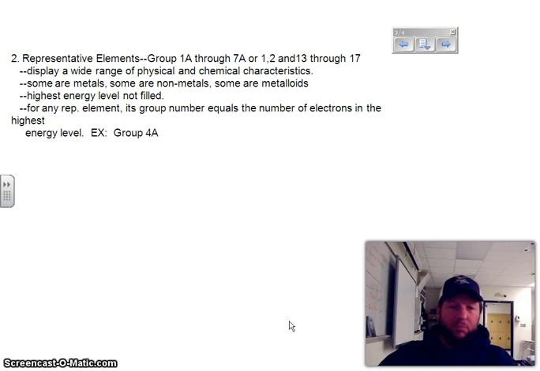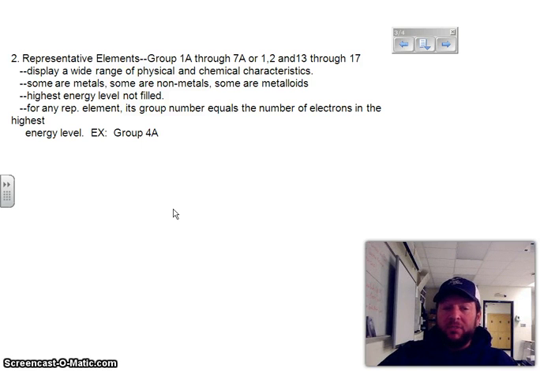The second main group that we can break these down to are the representative elements. Those are group 1A through 7A, or columns 1 and 2, and 13 through 17, depending on how your periodic table is listing it. The representative elements display a wide range of physical and chemical characteristics.